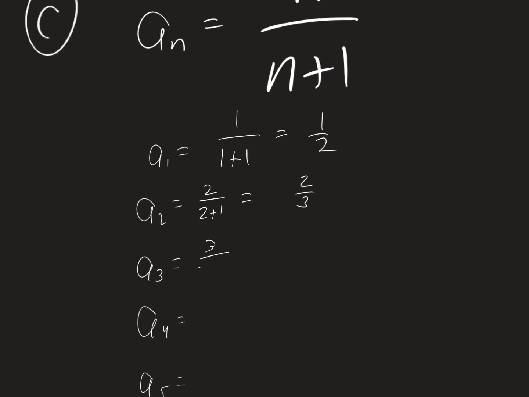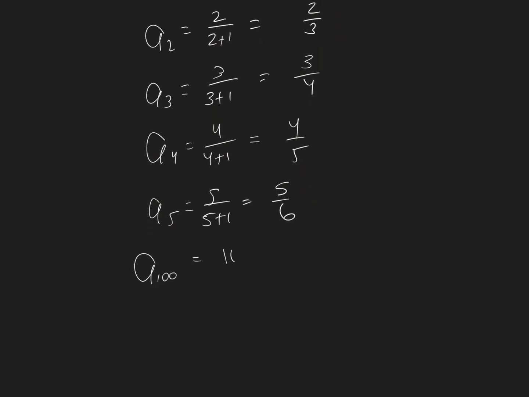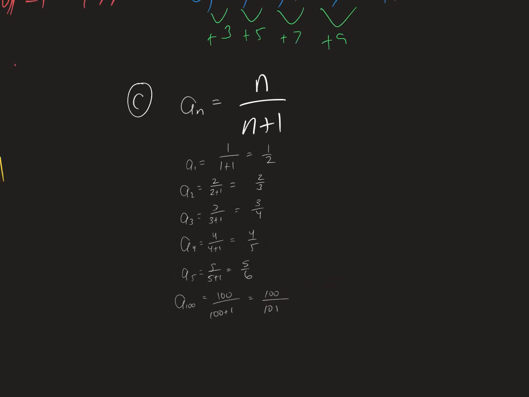So I have 3 over 3 plus 1, which equals 3/4. 4 over 4 plus 1, which equals 4/5. 5 over 5 plus 1, which equals 5/6. Everybody with me? So I'm going to have 100 over 100 plus 1, and I have 100 over 101. So the first 5 terms of your sequence here are right there.